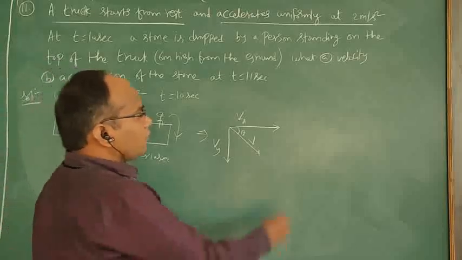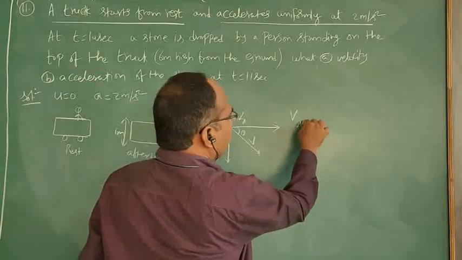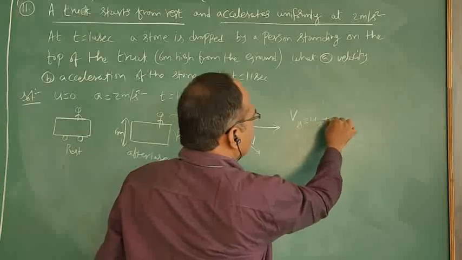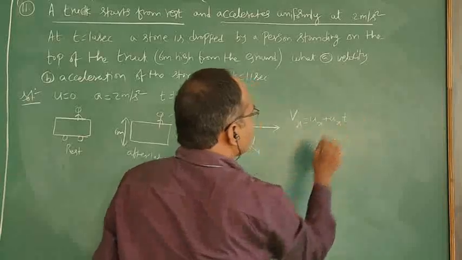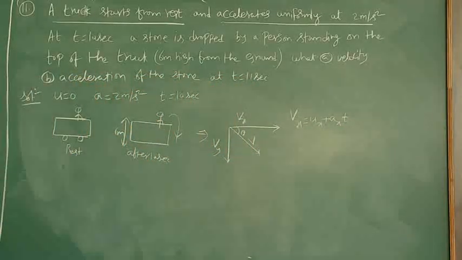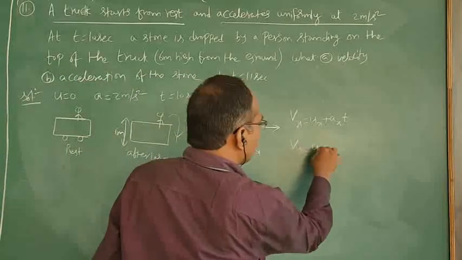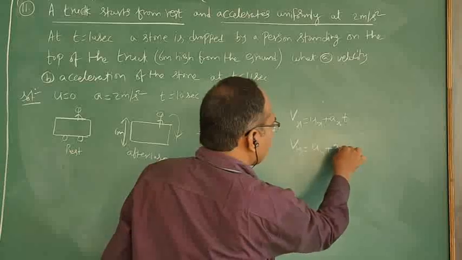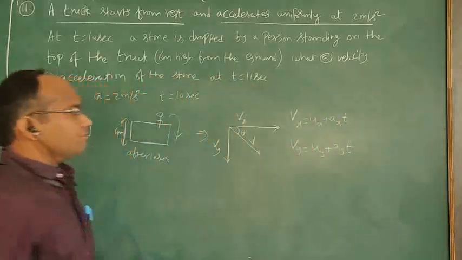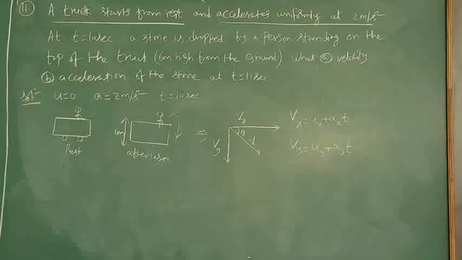So from here, what is the value we can write? Vx is equal to ux plus ax into t. This is one form. And for this one, Vy is equal to uy plus ay into t. So what is the value we have to apply?